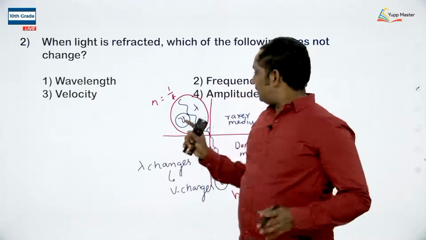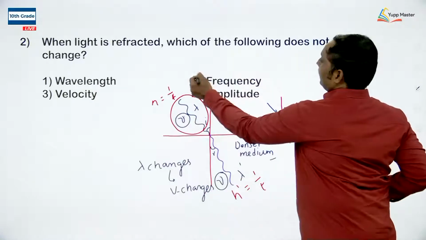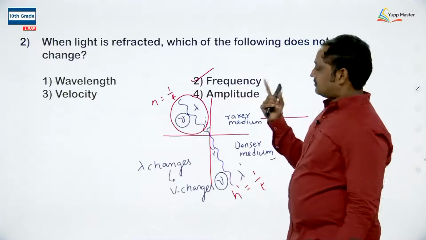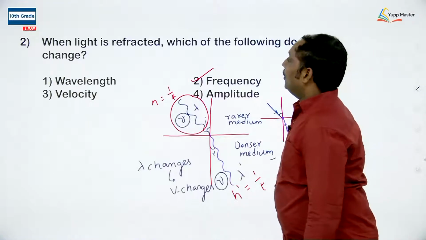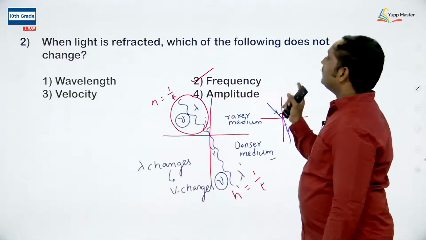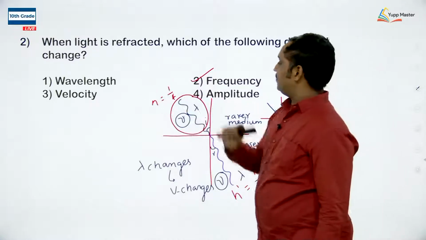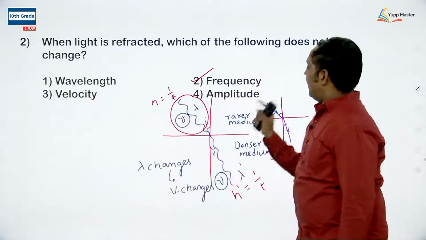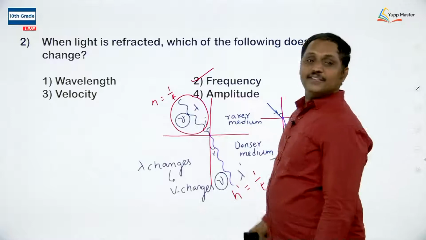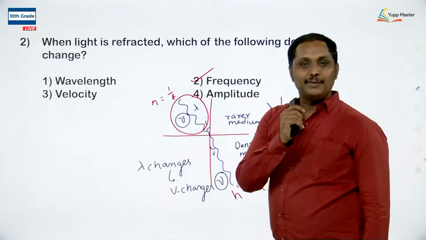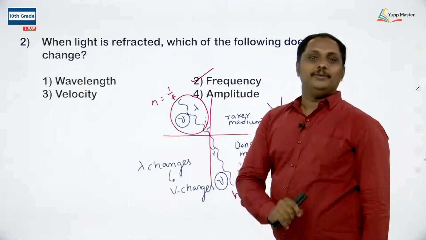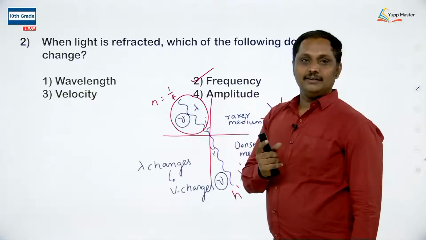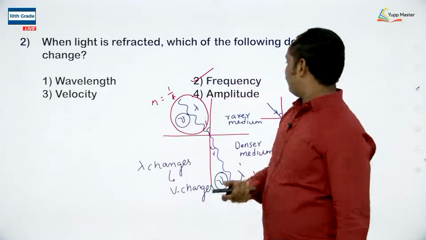So, it is the important property. When light is refracted, which of the following does not change? Wavelength changes, velocity changes, amplitude changes, but the frequency remains the same. Please remember that this is a very important point even for higher competitive examinations.